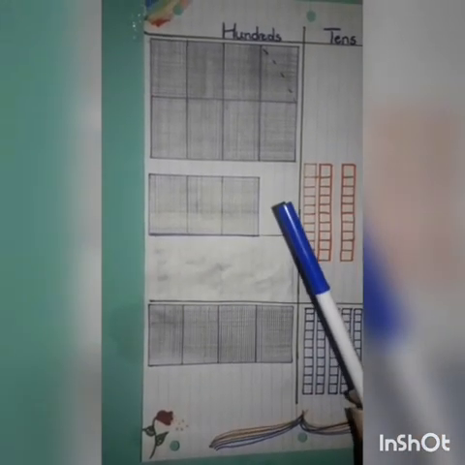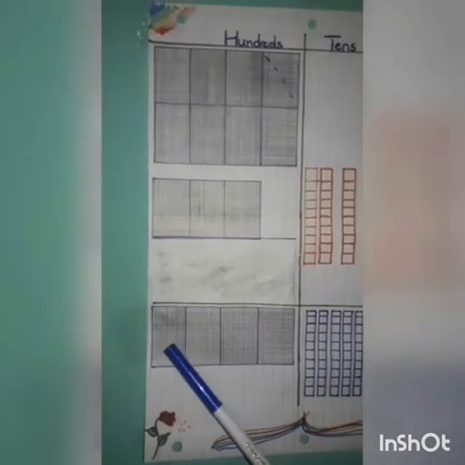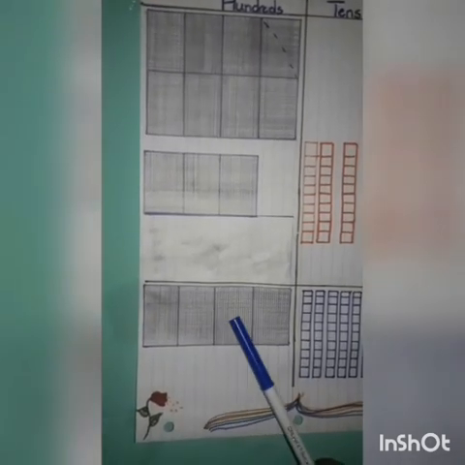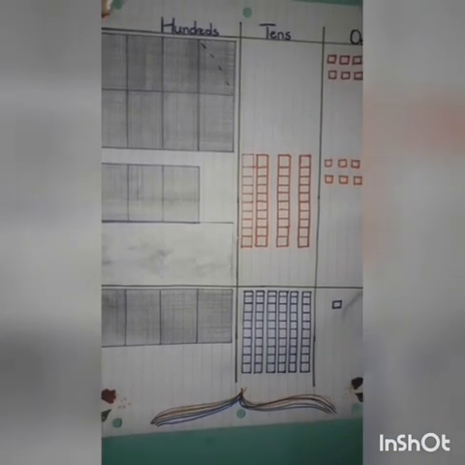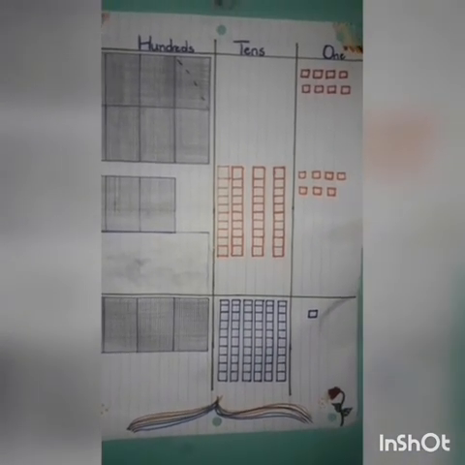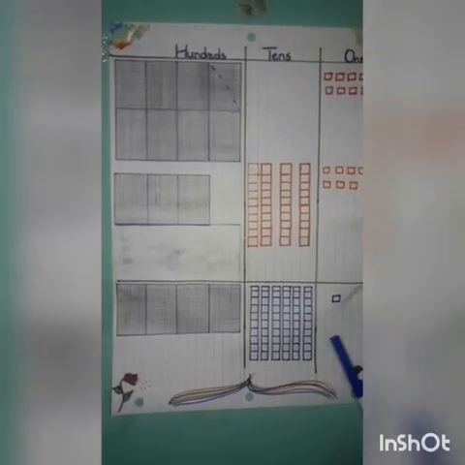So 7 minus 3 would equal 4. So we have 4 over the hundreds section: 1, 2, 3, 4, so 400. So we have 400, 6 tens, and 1 one. So here is how we depict it in squares.